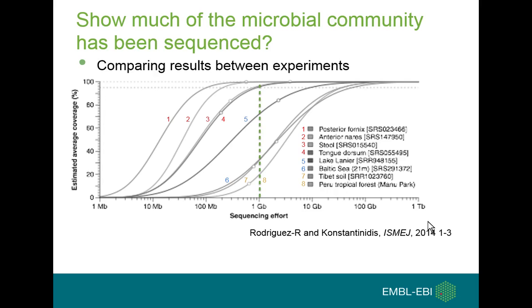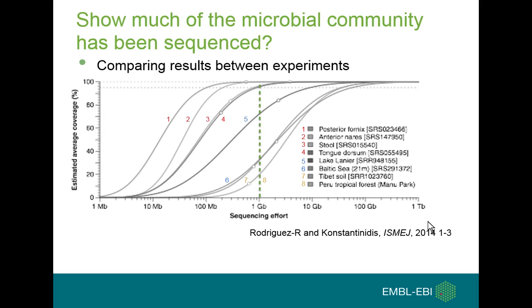So here's some estimates. Sorry, the quality of the graphic's not great, but the point is the same. If you take how much of the community you've captured with a given amount of sequencing effort, say you've only got enough money for 1 gigabases worth of sequencing. If you've got a human sample, these 1 to 4, you've probably captured about 95% of that community.